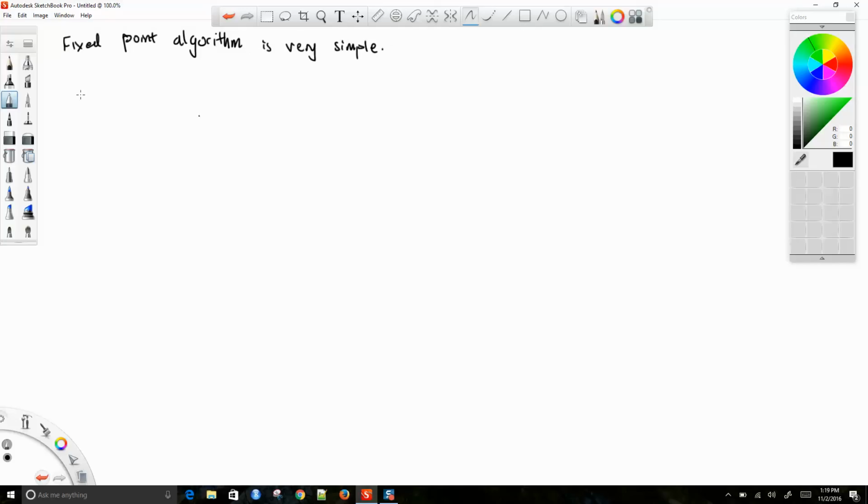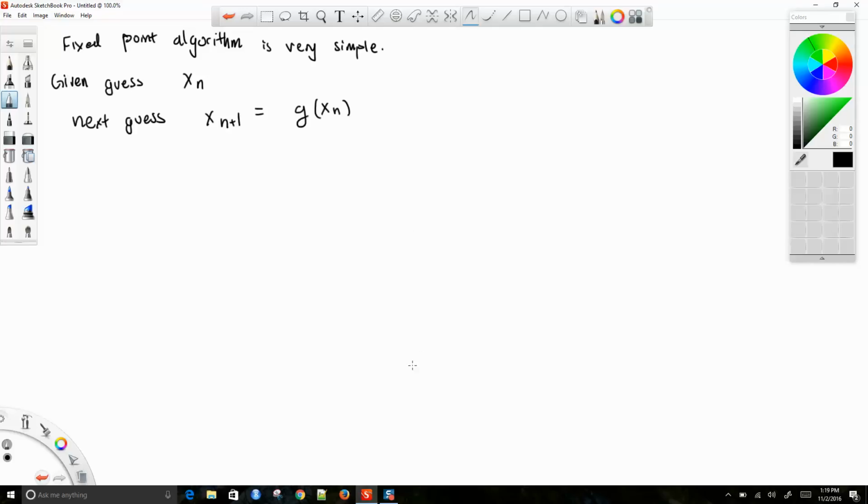Start with some guess x sub n. So given guess x sub n, your next guess, x sub n plus 1, is just equal to g of x sub n. Okay?